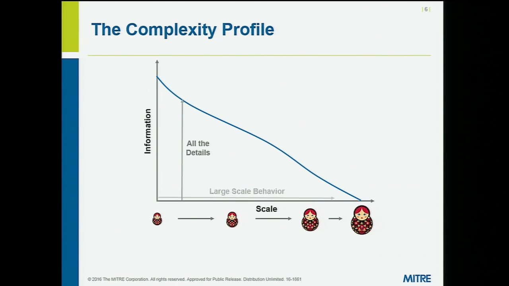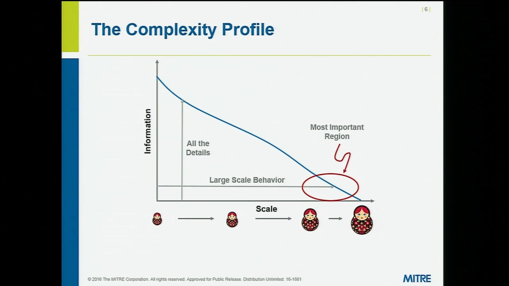As you're going to coarser scales to the right along the axis, so you're looking at large scale behavior, it really requires lesser information. It turns out that when you're dealing with complex systems, whether they're man-made systems or biological systems, it doesn't matter, the most important region is really at the higher scales, or the coarser scales.